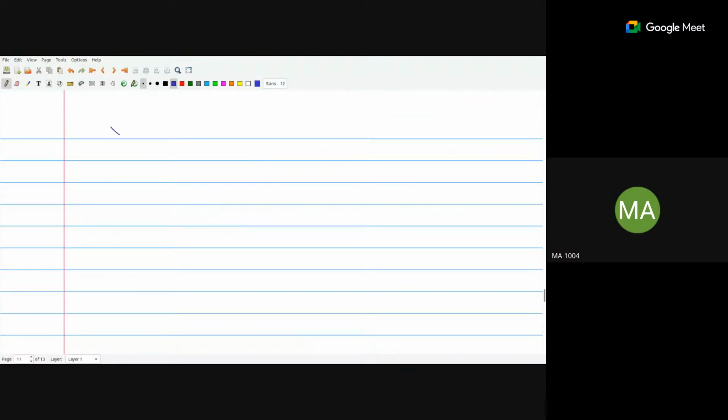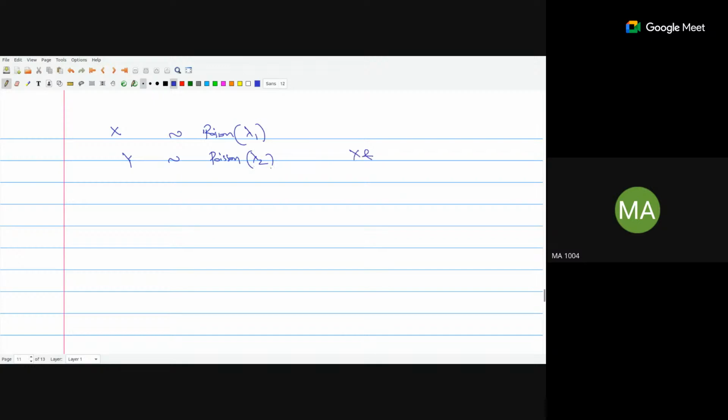So say X follows Poisson lambda 1 and Y follows Poisson lambda 2.